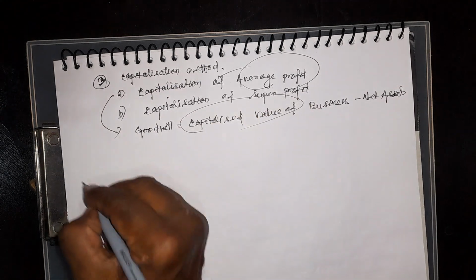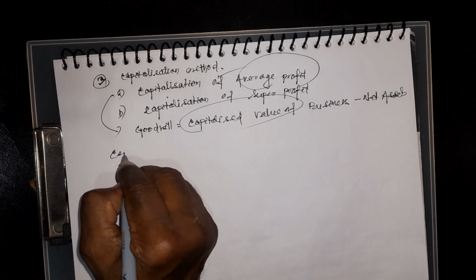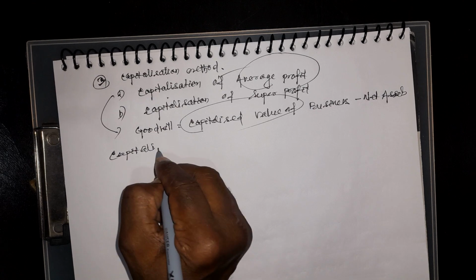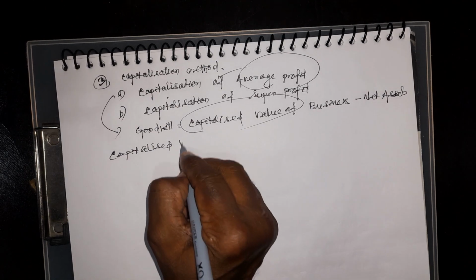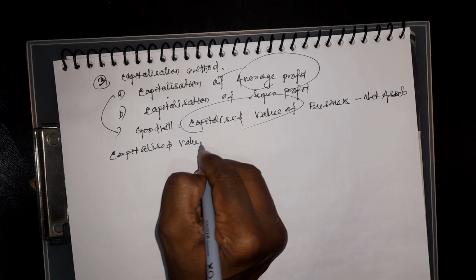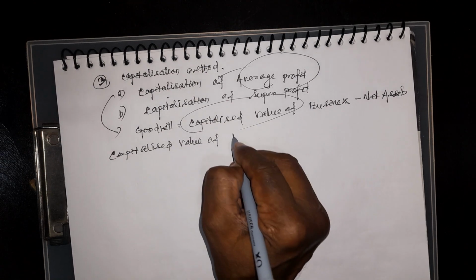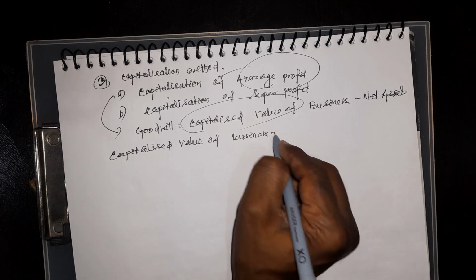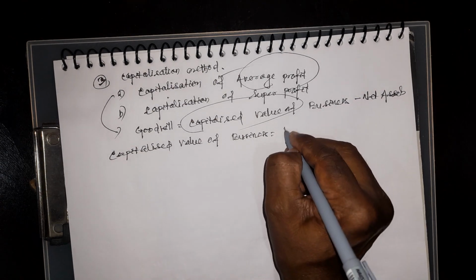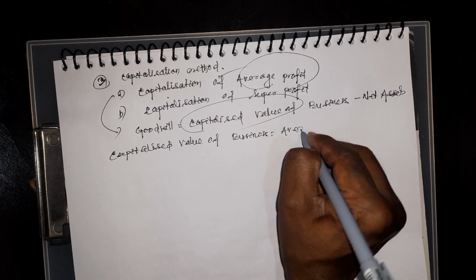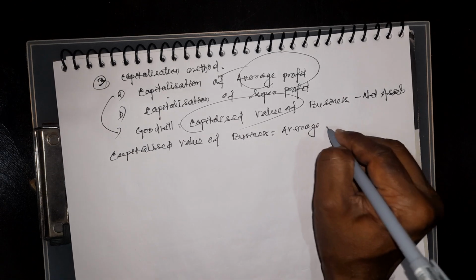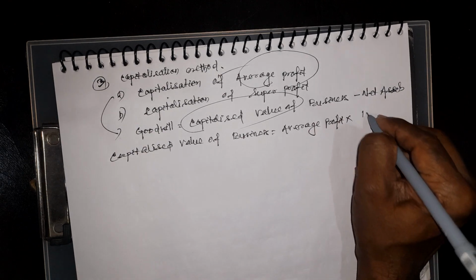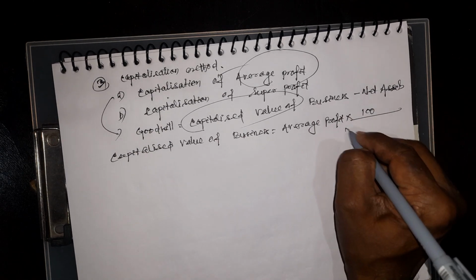Capitalized value of business will be calculated on the basis of the average profit. How will you calculate it? Average profit into 100 by normal rate of return.